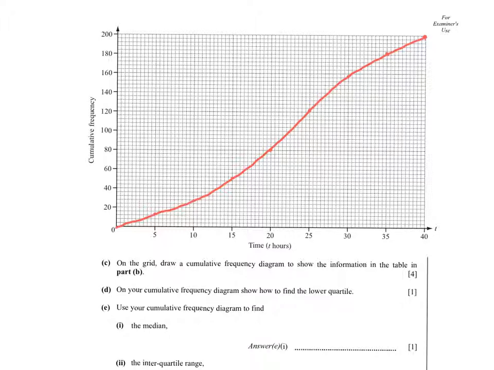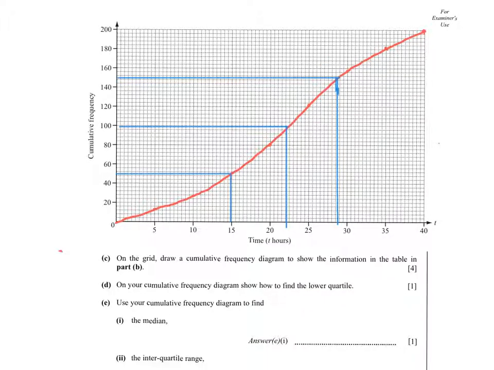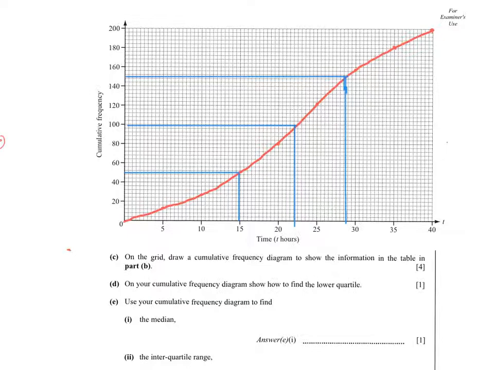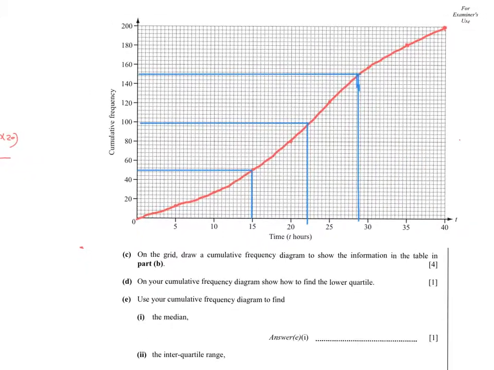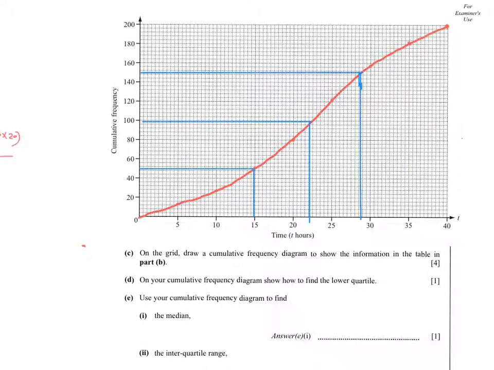So, firstly, if you multiply 200 times 1 over 4, you find the order for the lower quartile. You get 50.